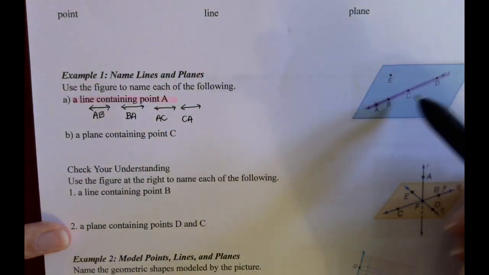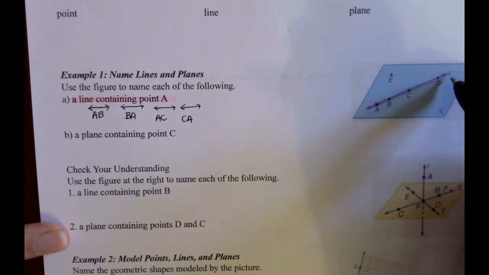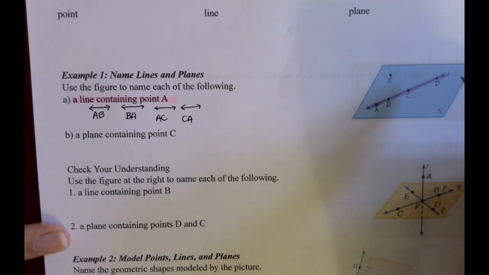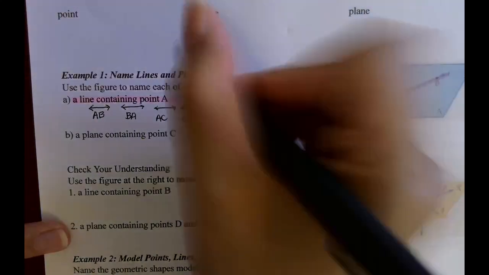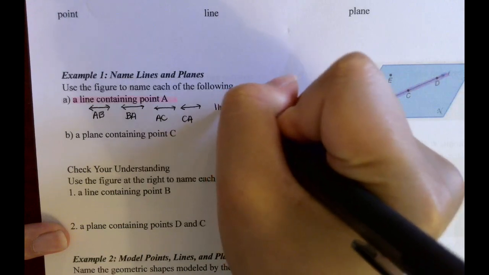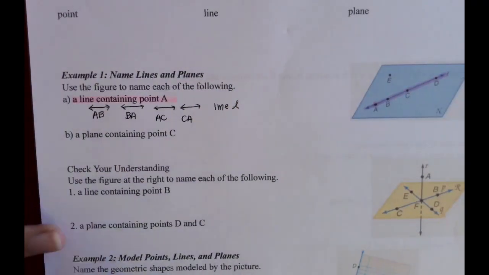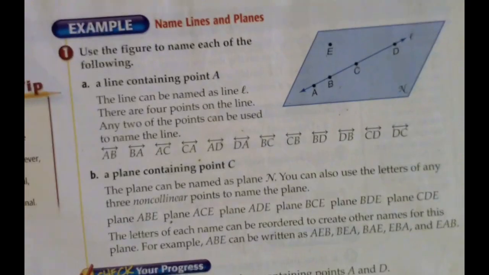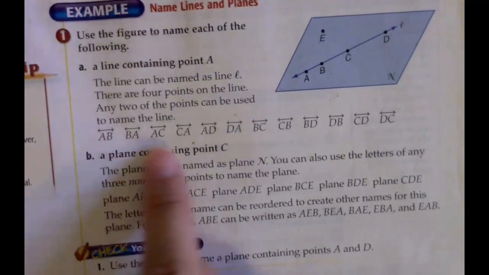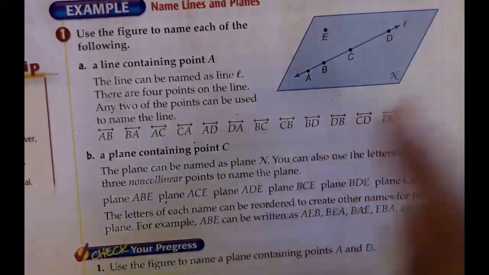Or here, if you look, there's a curly script L. We can also call it line L in cursive script. There are so many more names. In the book's example 1, they literally named all possible names for this line.